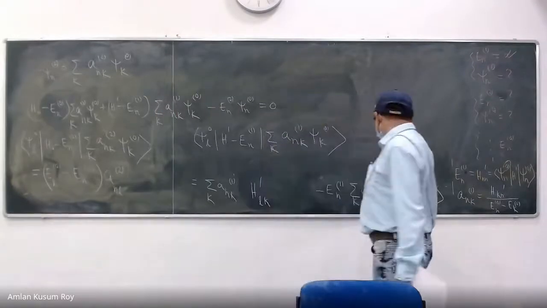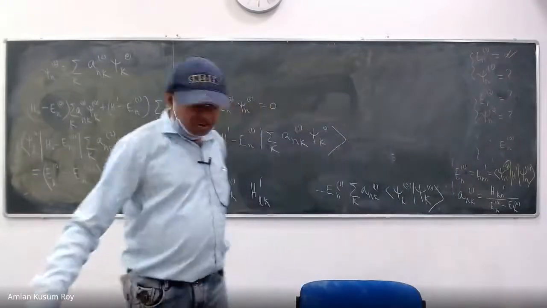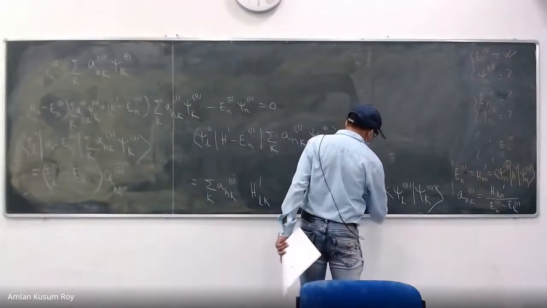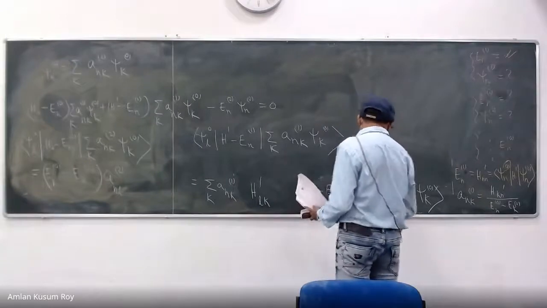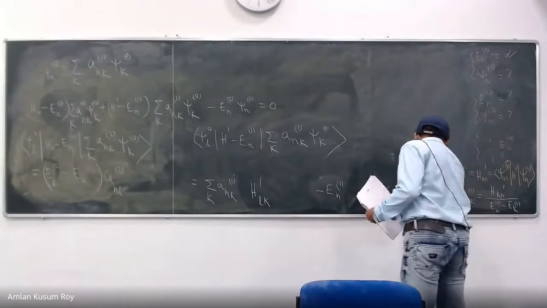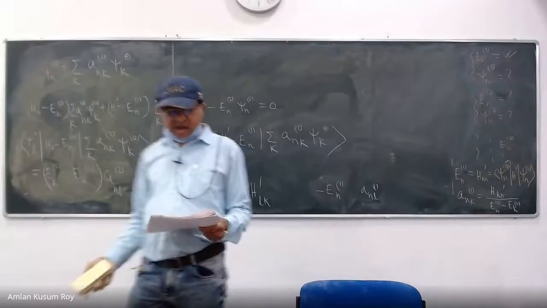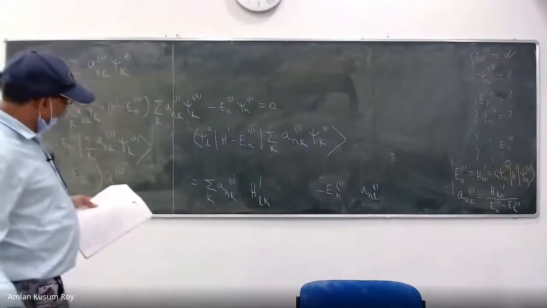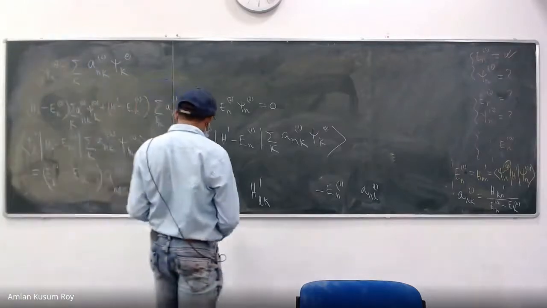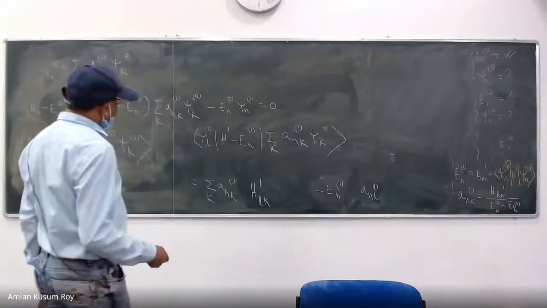Now I see that this term contributes only for K equal to L. So K becomes L, E_N^1 A_NL^1, and this becomes 1. Then this I cannot simplify any further, so this remains as such.